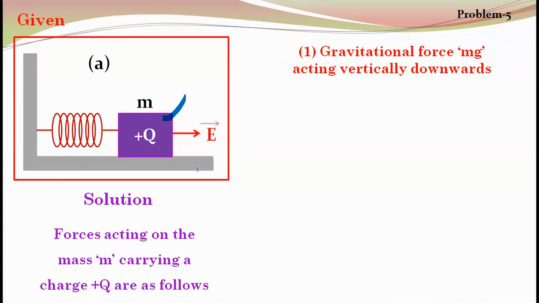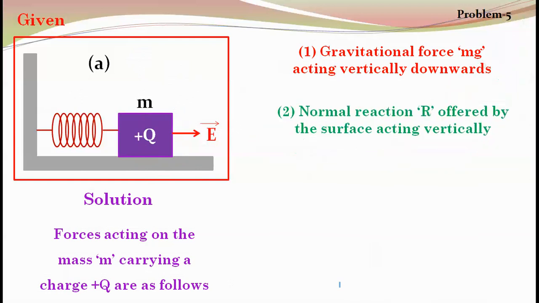Now if you look at the block, it is resting on a surface. So the surface will offer a reaction force in the upward direction, because the block is going to offer a force on the surface on which it is resting in the downward direction. So that is action. As per Newton's third law, the surface on which the block is resting should offer a reaction force on it in the upward direction.